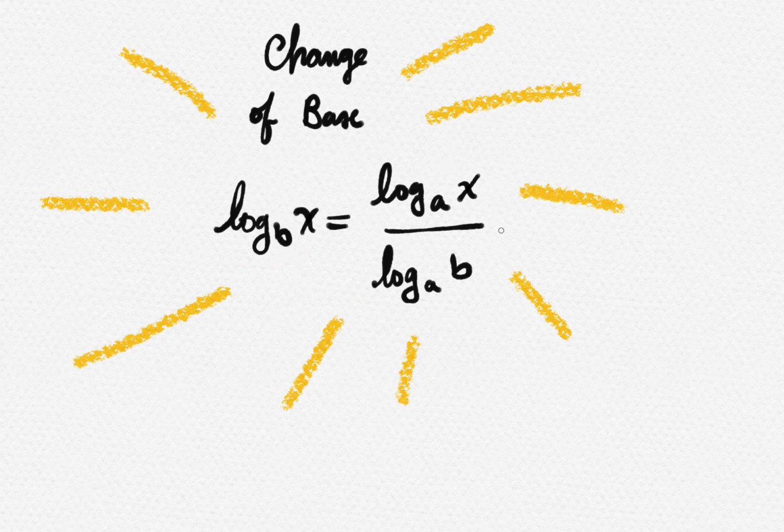But imagine that a is a base that you really like to deal with, so for example, a equals 10, something like that. And then b is a base that you really don't want to deal with, like 7 or 132, or literally anything else but 10 and e, for which you have handy buttons on your calculator. Then you're able to convert your logarithm just into the base that you like.